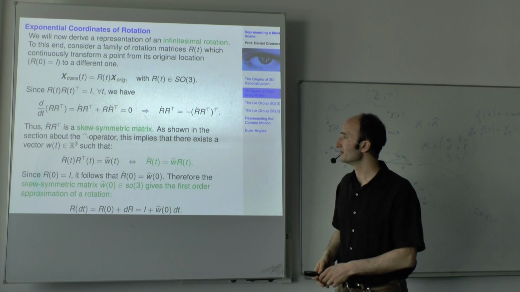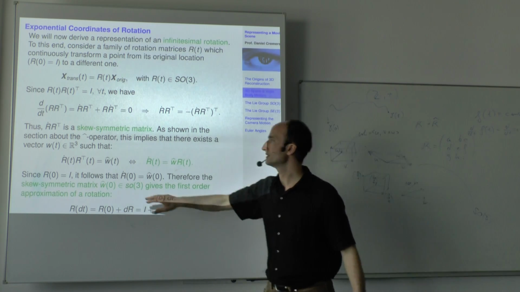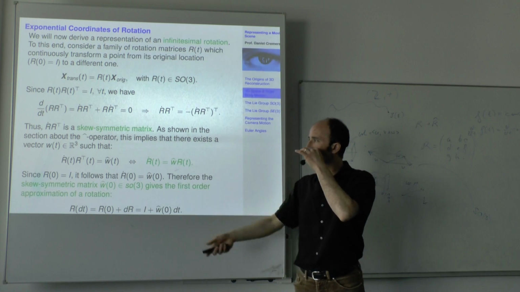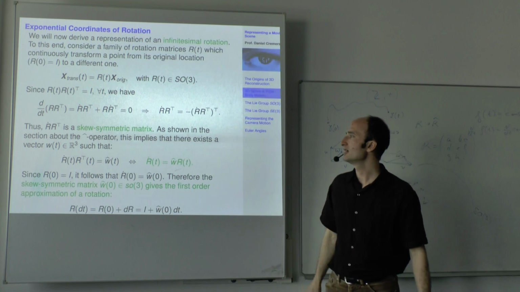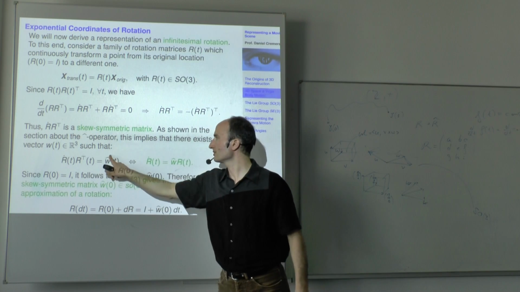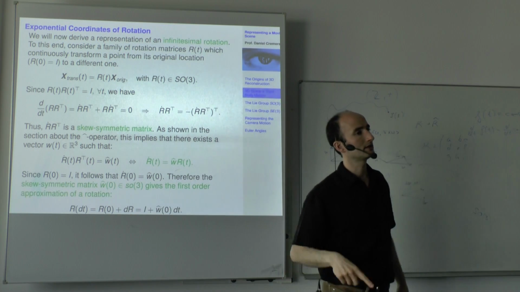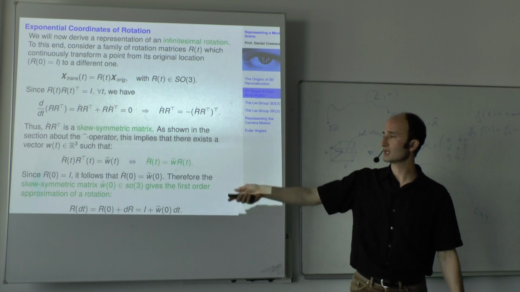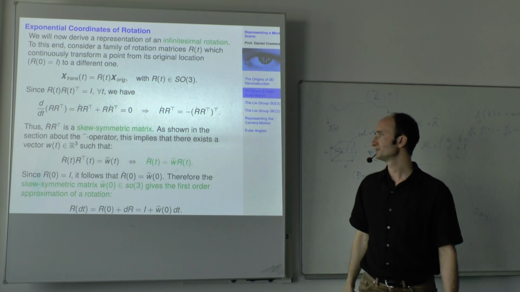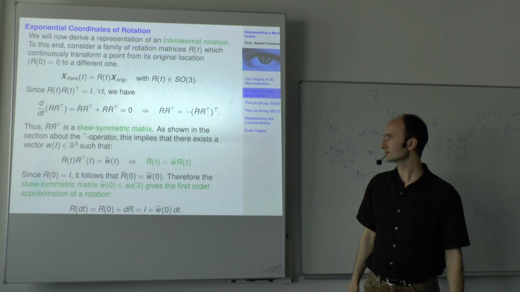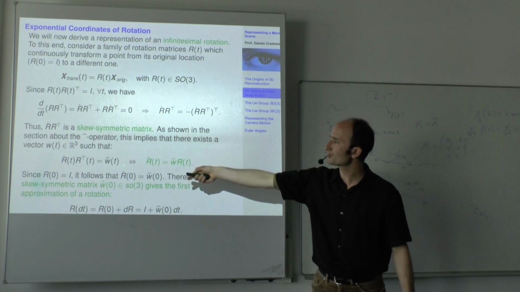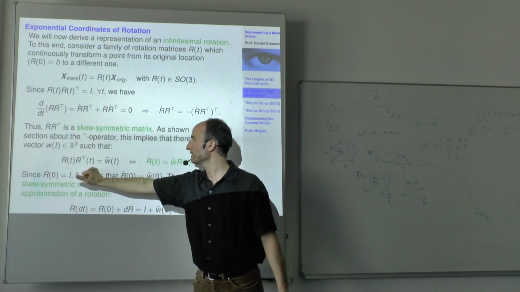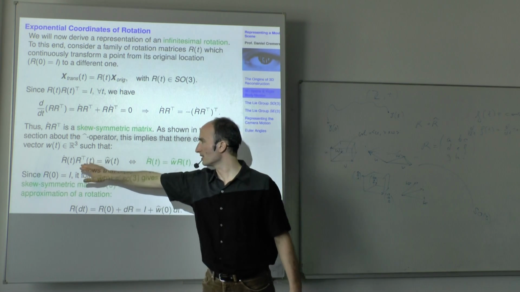And that in 3 by 3 matrices means there is a vector w for each time t in R3, such that R dot R transpose is w hat. The hat operator being just that skew-symmetric matrix associated with w. And then if we rewrite this expression, remember R transpose is nothing but R inverse, because it's an orthogonal matrix.